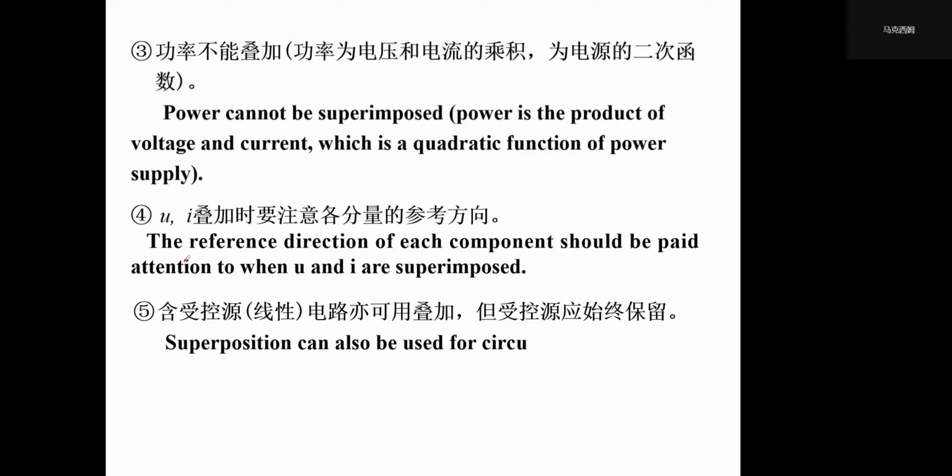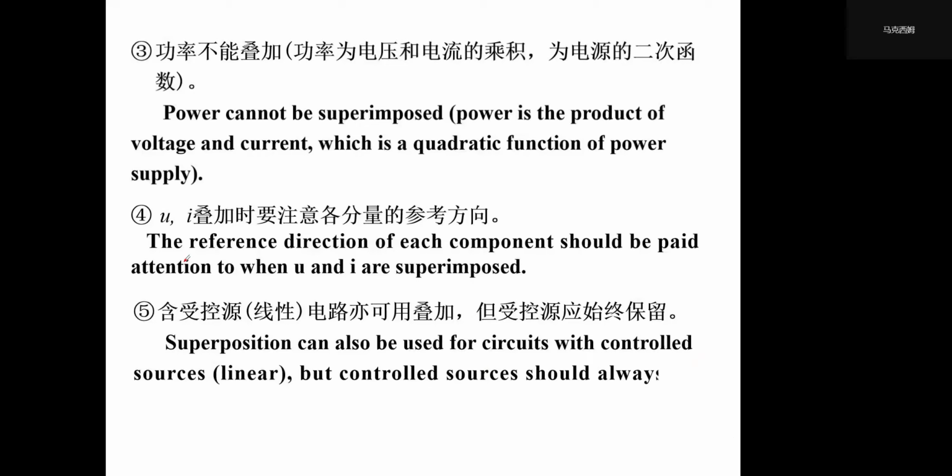If we have a circuit that contains a control source, we still can apply this theorem, but we should keep the control source all the way through the calculation.